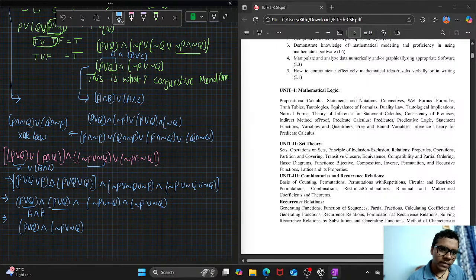P or Q and negation P or negation Q. There is an and in between, so this is the CNF. So we did it correctly.